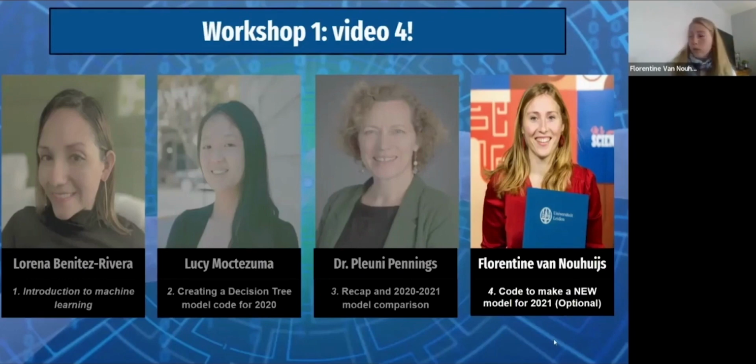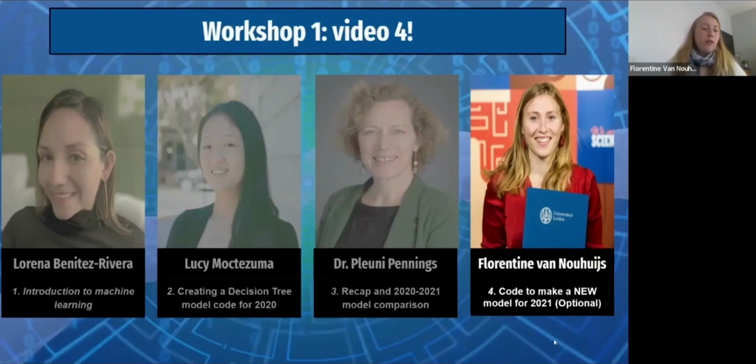So we are going to make a new decision tree to predict the COVID cases per county in 2021 by using data from summer 2021. We are going to continue working on the same notebook that we used for workshop 1.